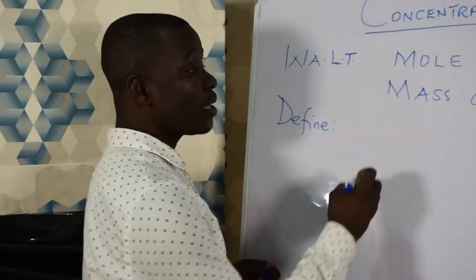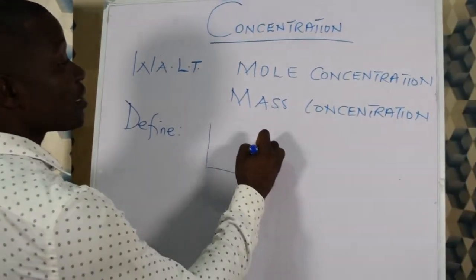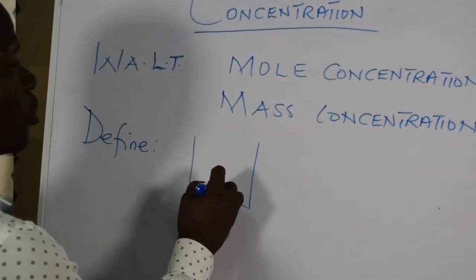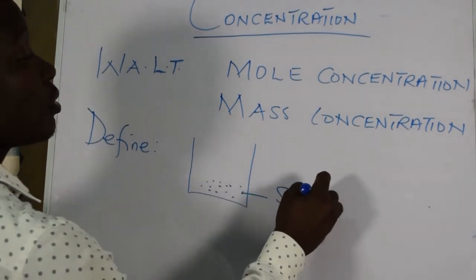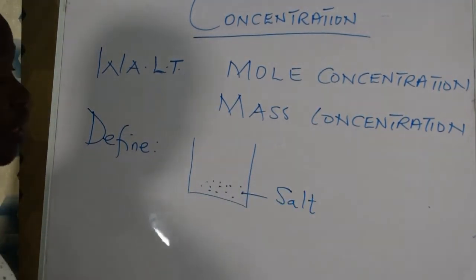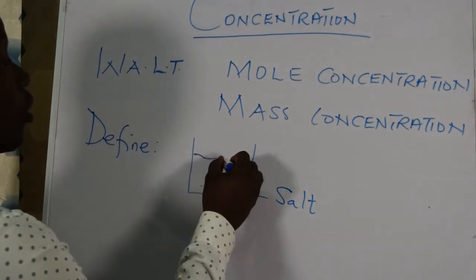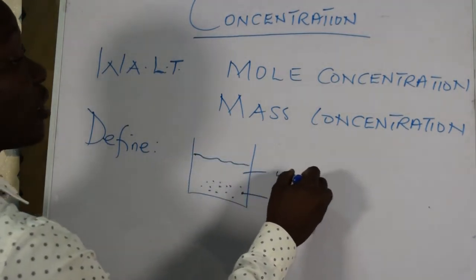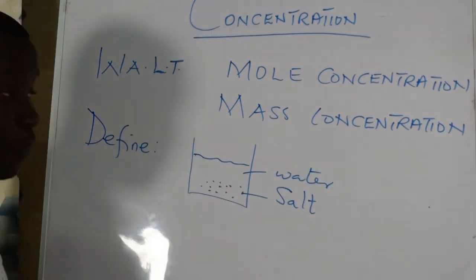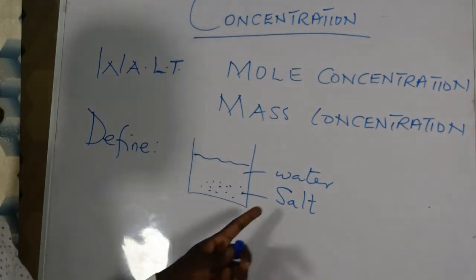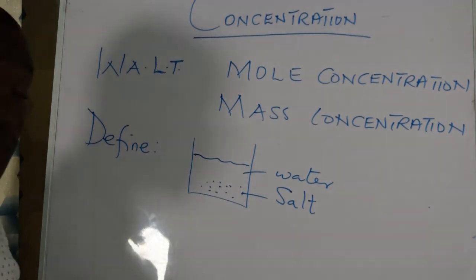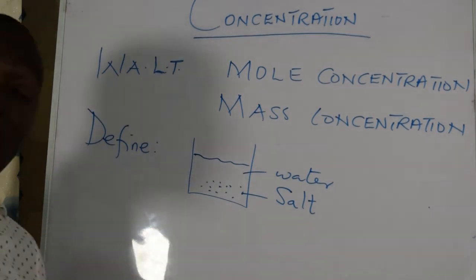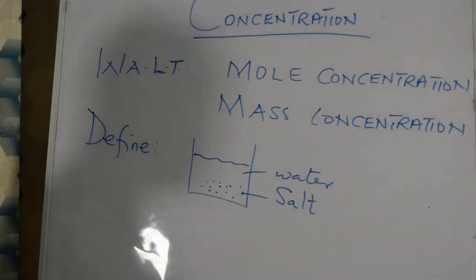If I give you a glass and I put salt inside the glass and then I decide to pour water, I therefore form a salt solution. Now the moment you get this solution, you can calculate the concentration.